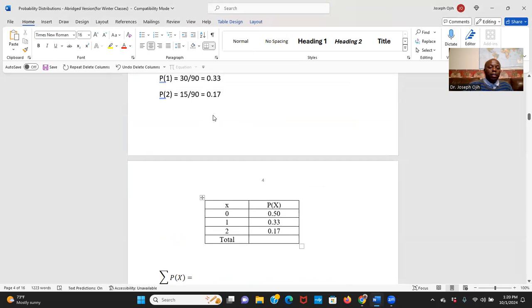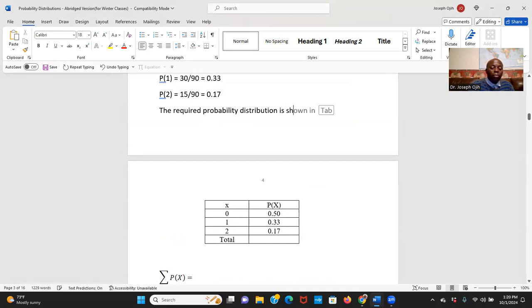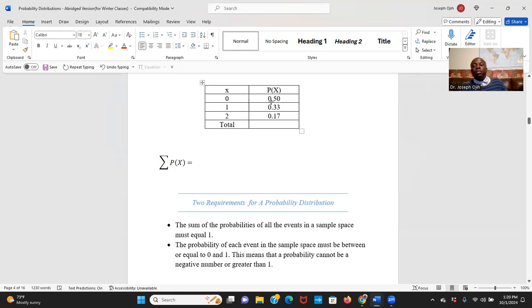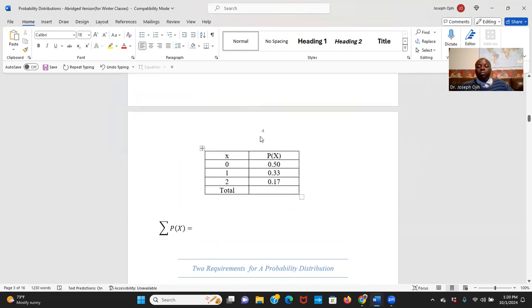So this is the required probability distribution shown below. You can see the outcome X and their corresponding probabilities P(X), and that answers the question.